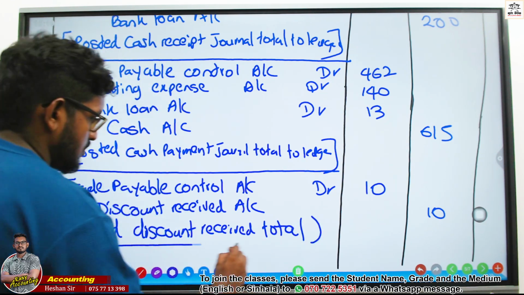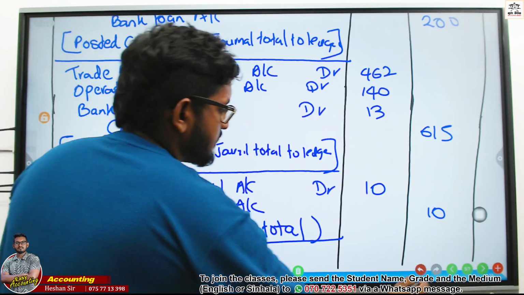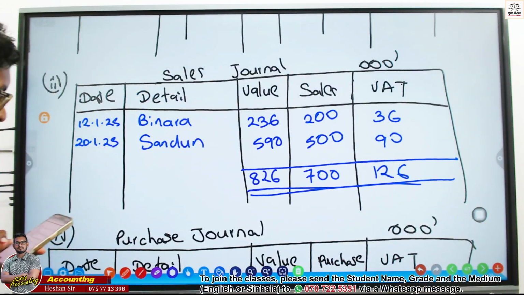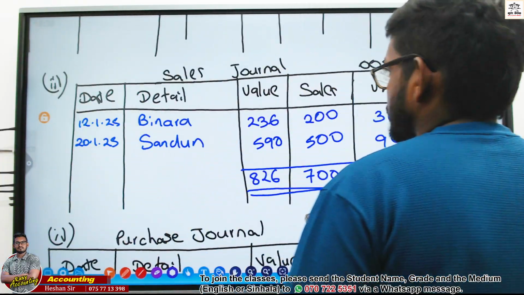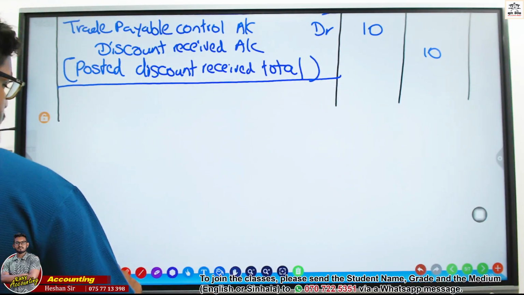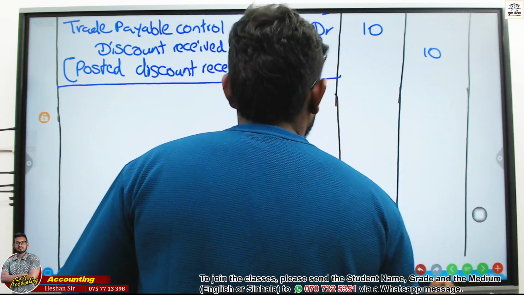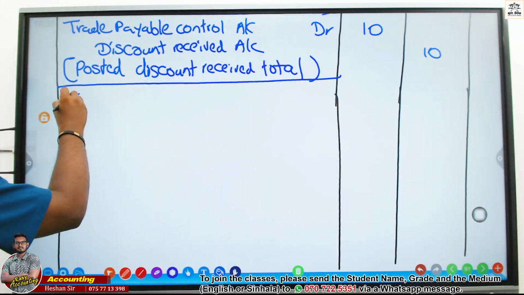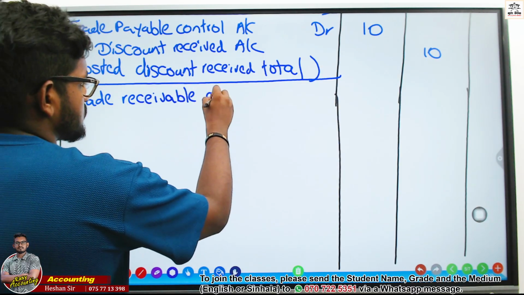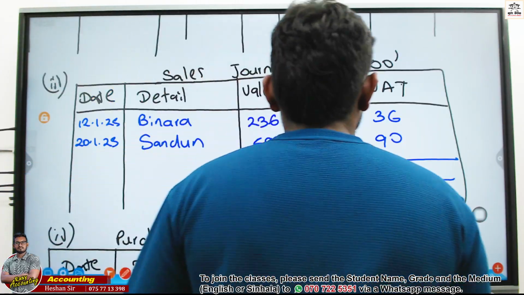Right. Next, you can see we have sales journal and the purchase journal, right? So trade receivable control account debit 826.